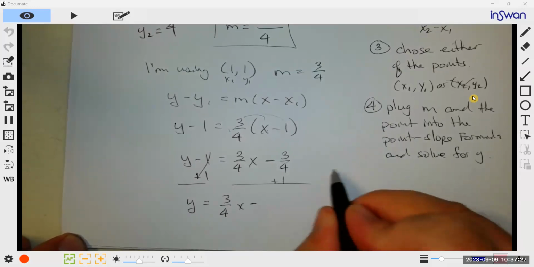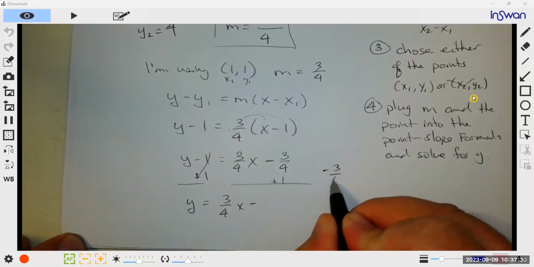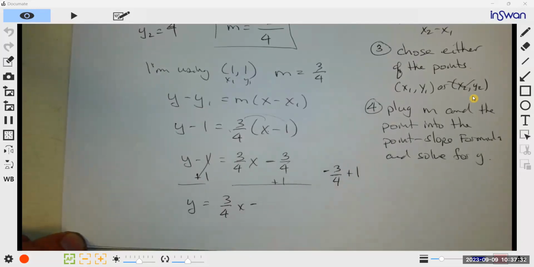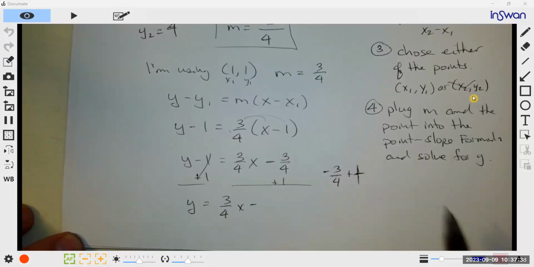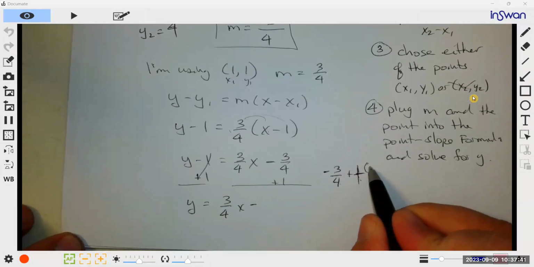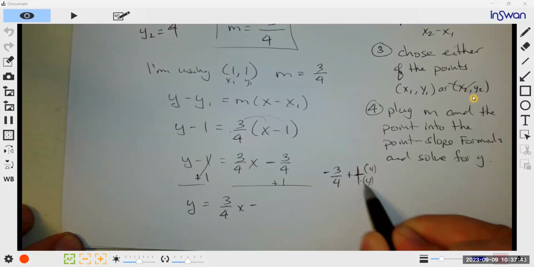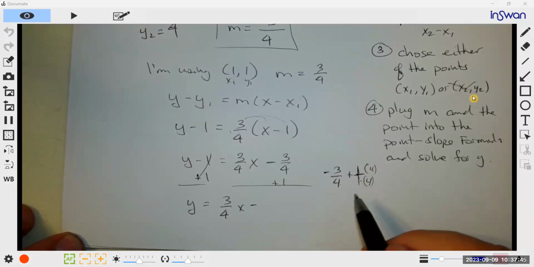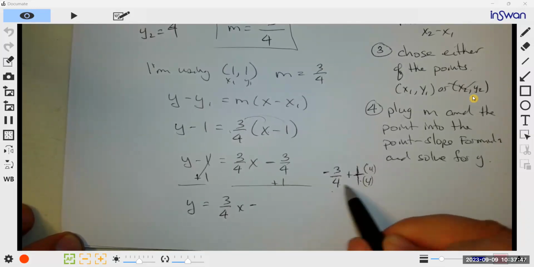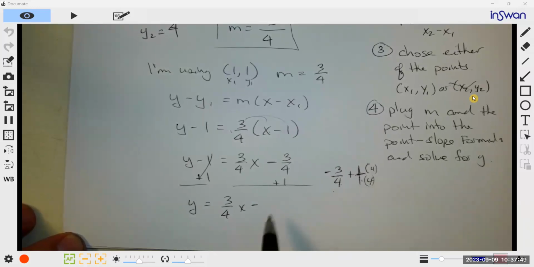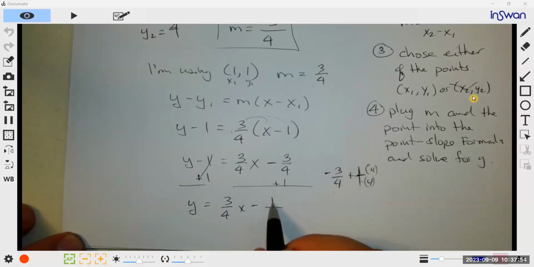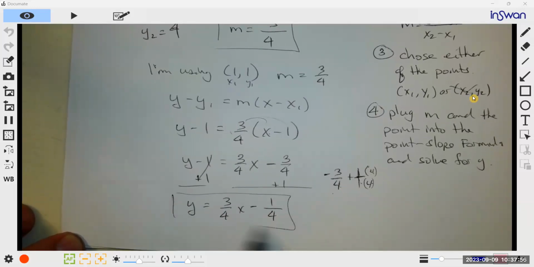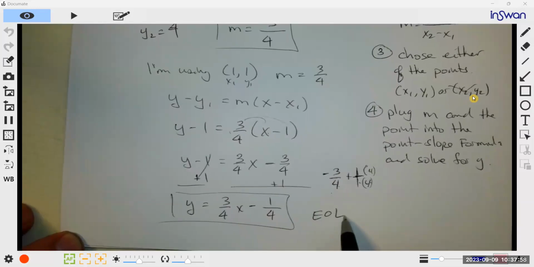So we have minus 3/4 plus 1. We have to have common denominators. So this one needs a 4. So we need to multiply 4 over 4. Since we have a common denominator, just add the top. 4 minus 3 is 1. And there's your equation of the line.